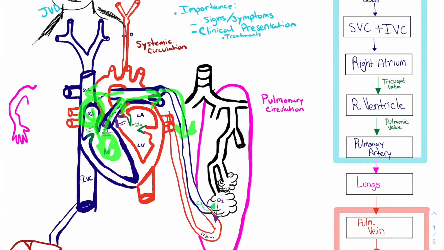Arteries away from the heart, veins towards the heart. So we're in the pulmonary artery. That pulmonary artery is flowing to the lungs, where it's going to form capillaries on the alveoli. So the alveoli are the gas exchange portion of your lungs, right? So I have the alveoli here. It's kind of like a grape cluster, but the gas exchange is occurring here at the level of the alveoli.